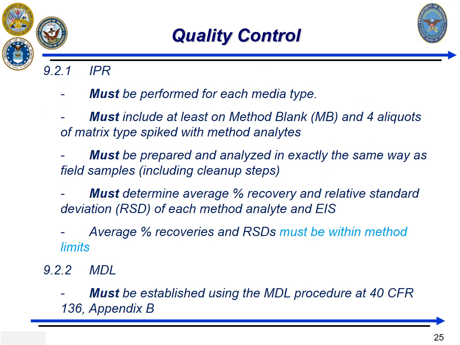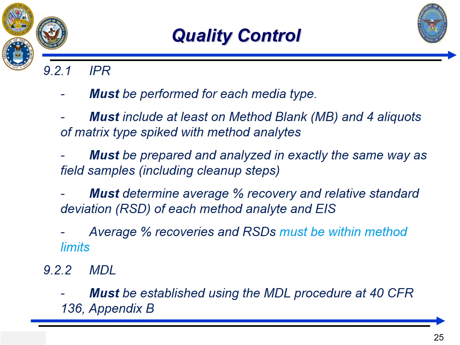With respect to the initial demonstration of capability requirements of this method, they fall in line with all the other EPA methods, especially the other 1600 series methods. They require an initial precision and recovery demonstration that must be performed for each method media type and must include at least one method blank and 4 aliquots of matrix type spiked with method analytes.